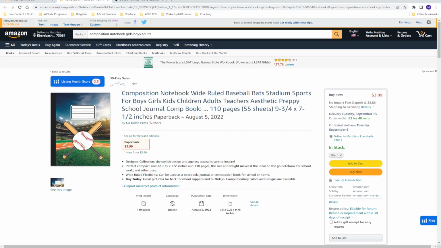Okay. So if you're creating a composition notebook for girls, the cover may look different from a cover for boys. But if you're targeting boys and girls, the cover is not specific to one main person and doesn't fit the title of your book.